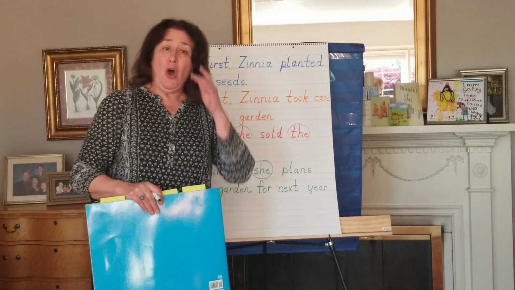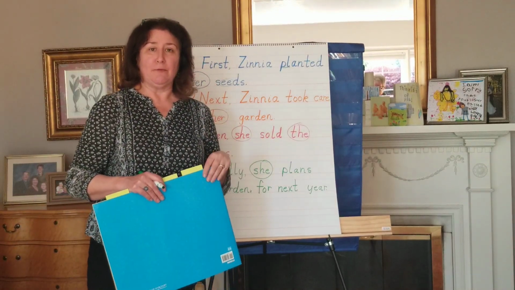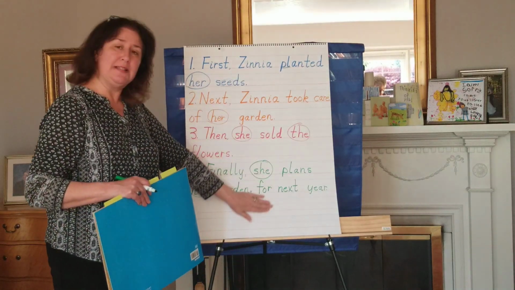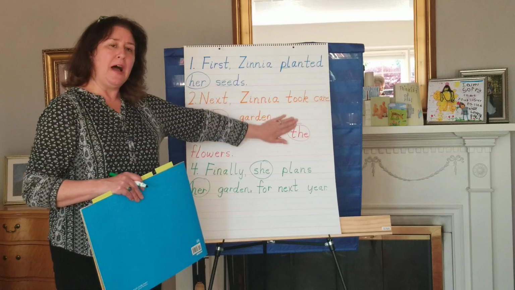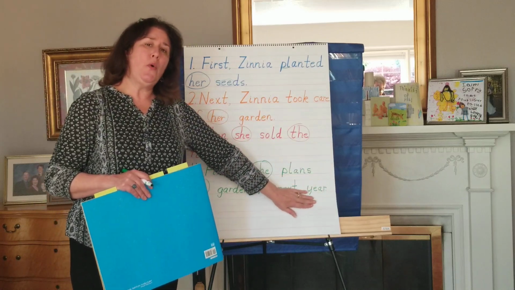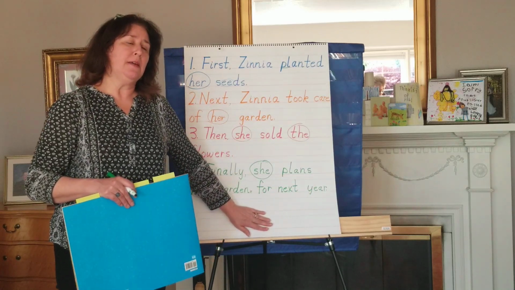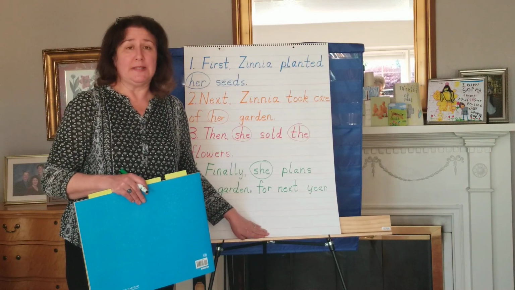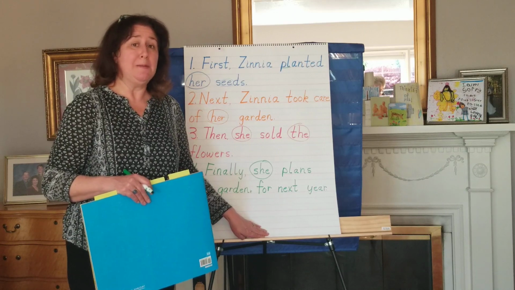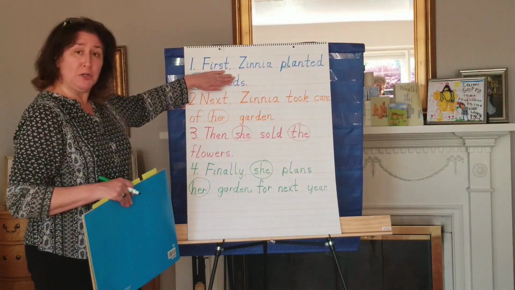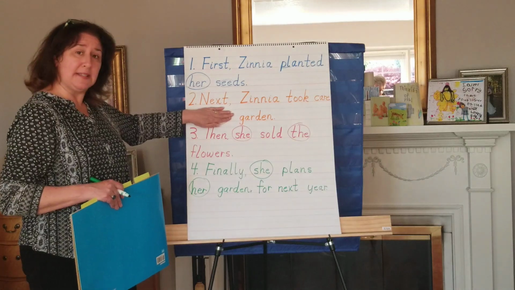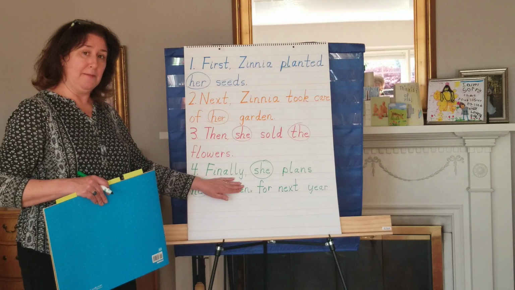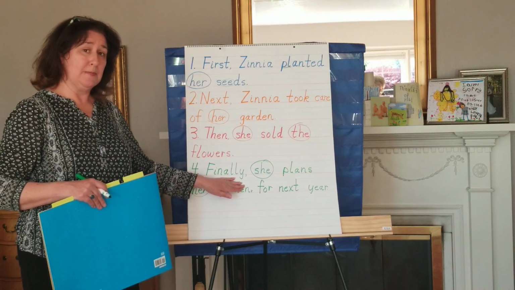So today at home, you're going to get a piece of paper that has lines on it, kind of like the lines I have here. And I want you to write your own sentences for me, telling me the important steps or events that happened in the story, okay? And I want you to use first, next, then, and finally in your writing, all right?